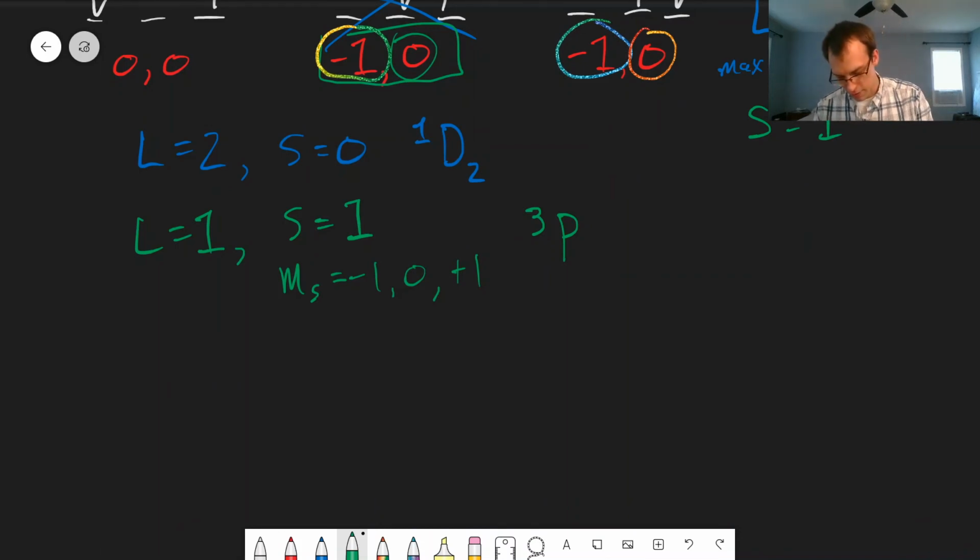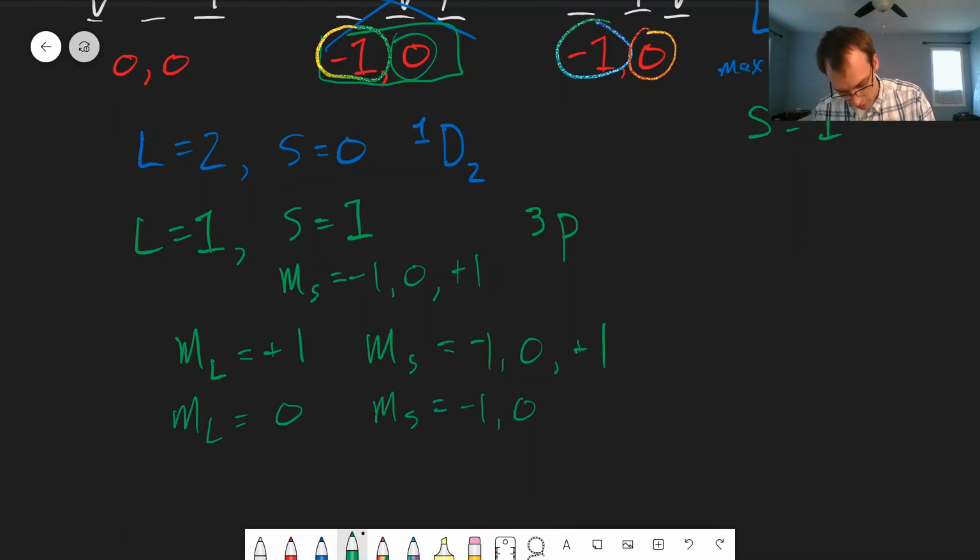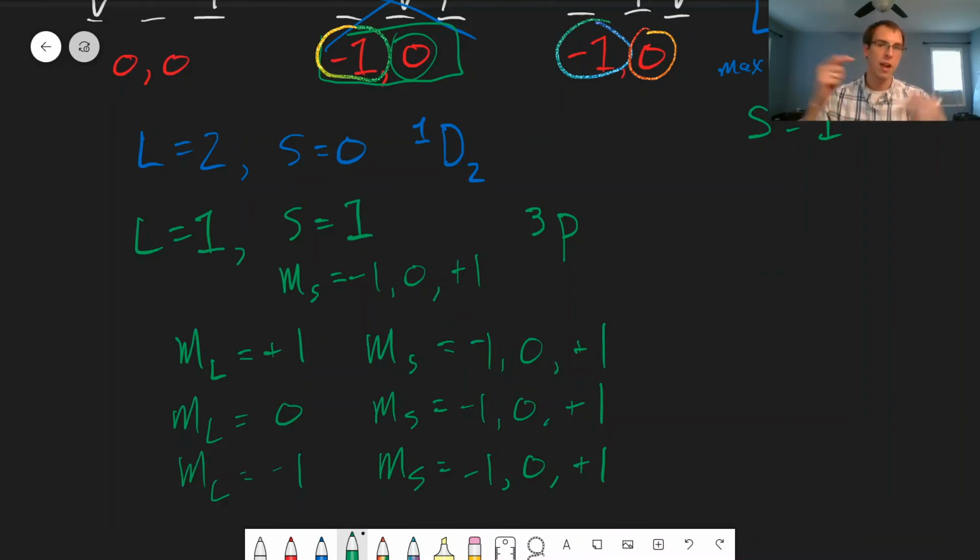Just to keep track of how many we have left, we can have M sub L equals +1, and there's an associated M sub S equals -1, 0, +1, M sub L equals 0 with an associated M sub S equals -1, 0, and +1, and M sub L equals -1, again with 3 different M sub S values associated. We can pick those out from our configurations above.